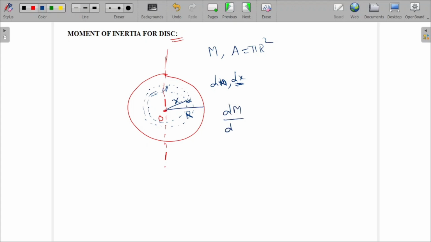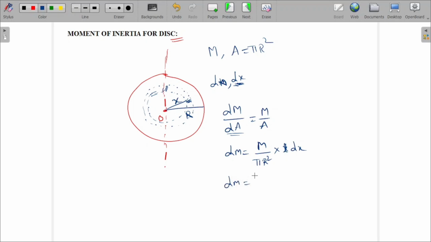So dm by dA, for that small element dx, equals M by A. So dm equals M by area. What is the area? The area is pi r square, into dA, which will be written as the circumference times dx. The total length of the circumference of the circle is 2 pi r.